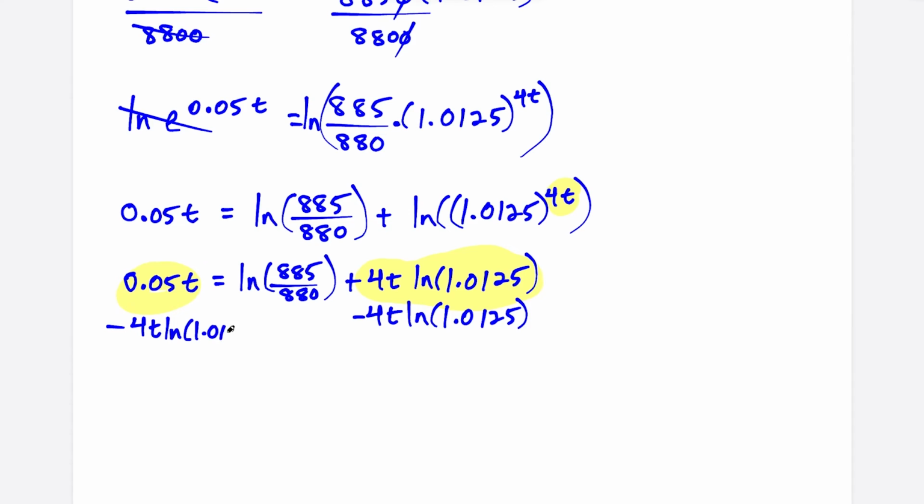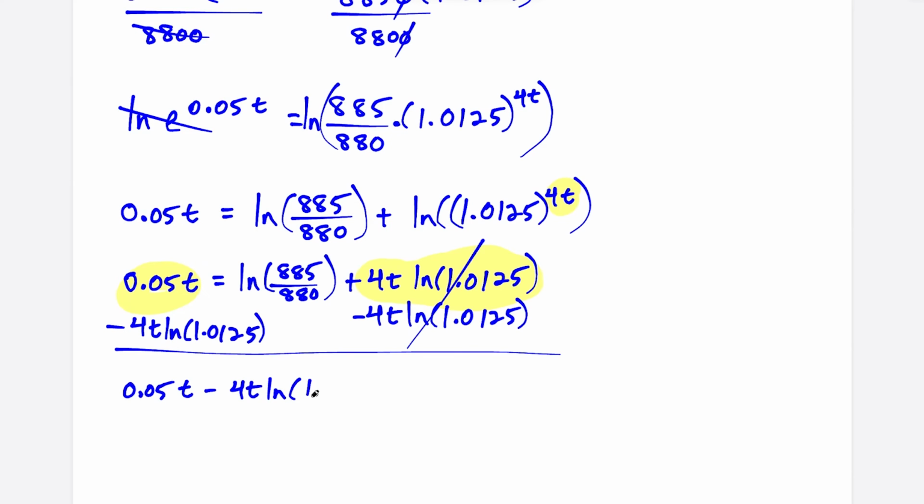Let's see what we get here. I know this is quite a bit of work, but the question did say algebraically, so we're just going to do all this. Now I have 0.05t minus 4t times natural log of 1.0125, and this is equal to natural log of 885 over 880.